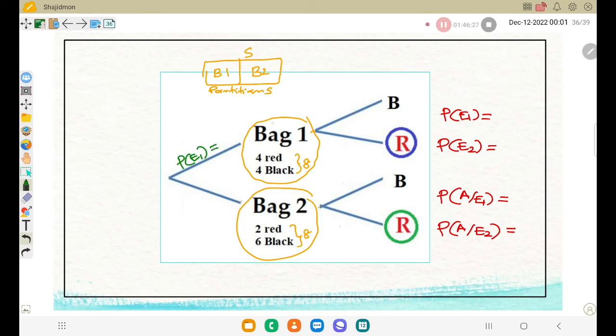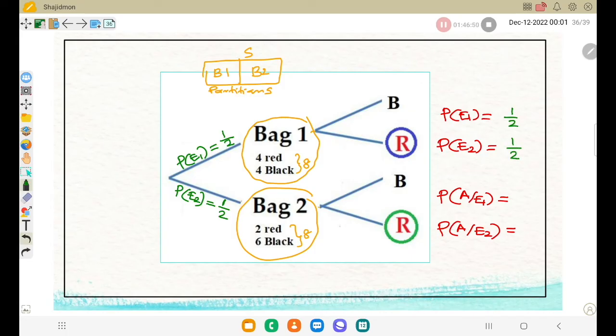How many bags do we have? 2 bags. Selecting one bag, what is the probability? 1 divided by 2. Probability of E2, selecting bag number 2, only one bag number 2 out of total 2 bags, so also 1 by 2, correct? So probability of E1 is half, probability of E2 is also half.